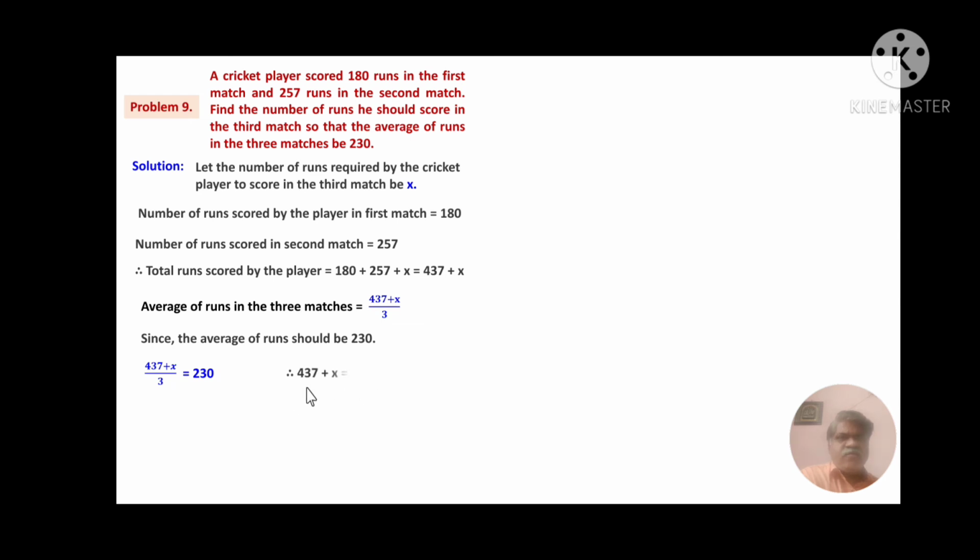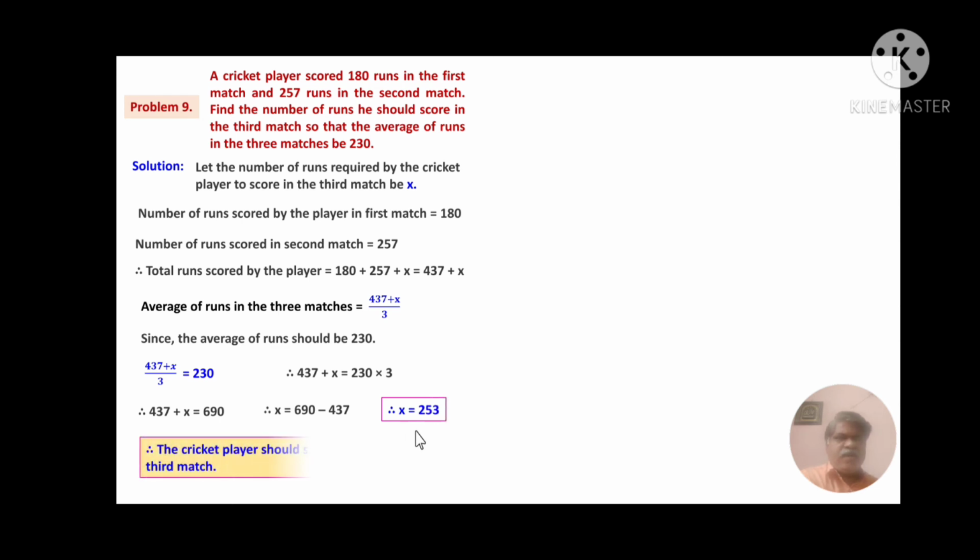So we will get that 437 plus x is equal to 230 into 3. Therefore 437 plus x is equal to 690. Therefore x will be equal to 690 minus 437. So friends, x is equal to, you are getting 253. Therefore the cricket player should score 253 runs in the third match.